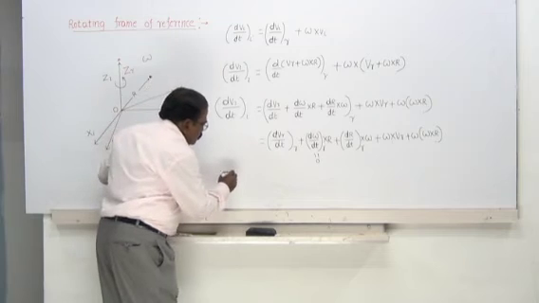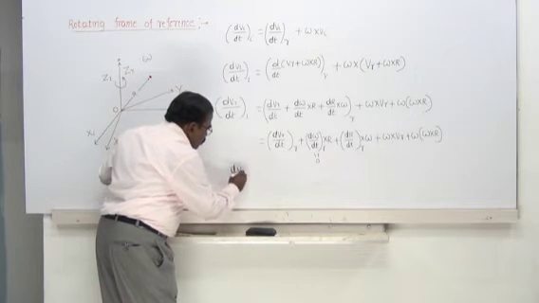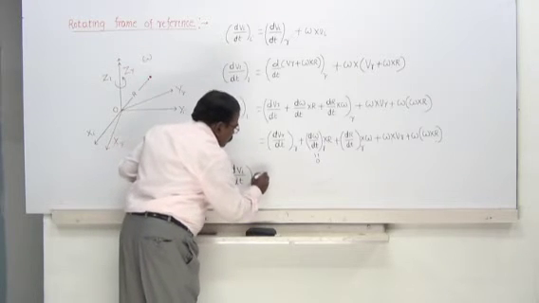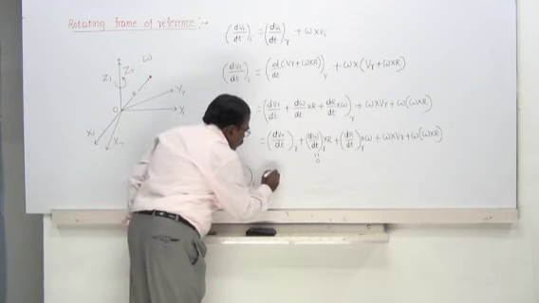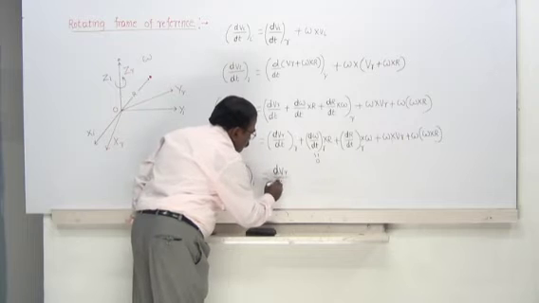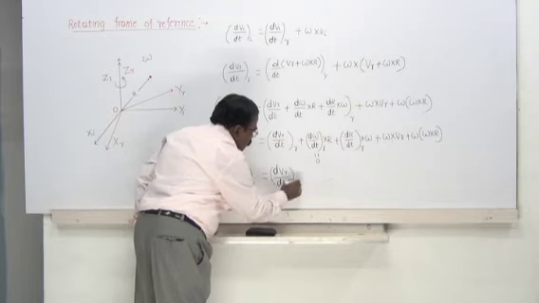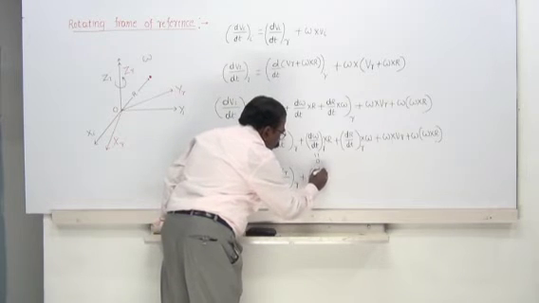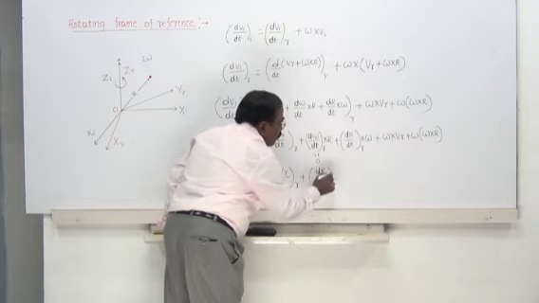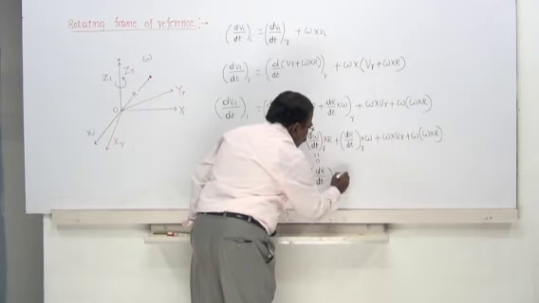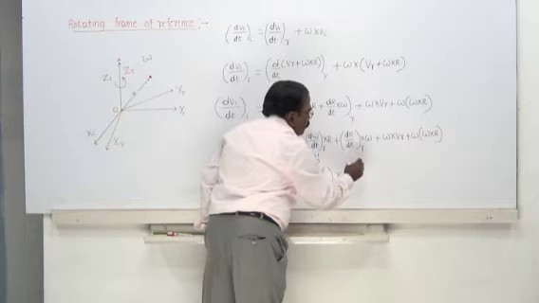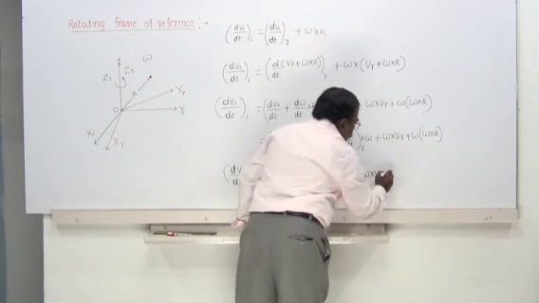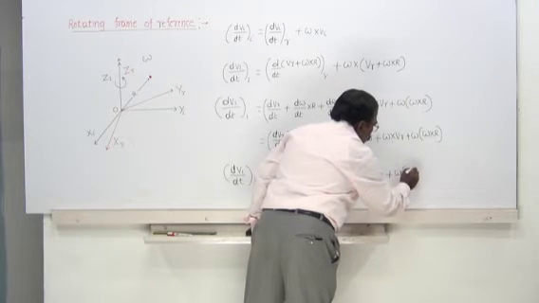So what is remaining now? dVi upon dt equals dVr upon dt times R, this is 0, plus dr upon dt into omega R, plus omega into VR, plus omega into R.